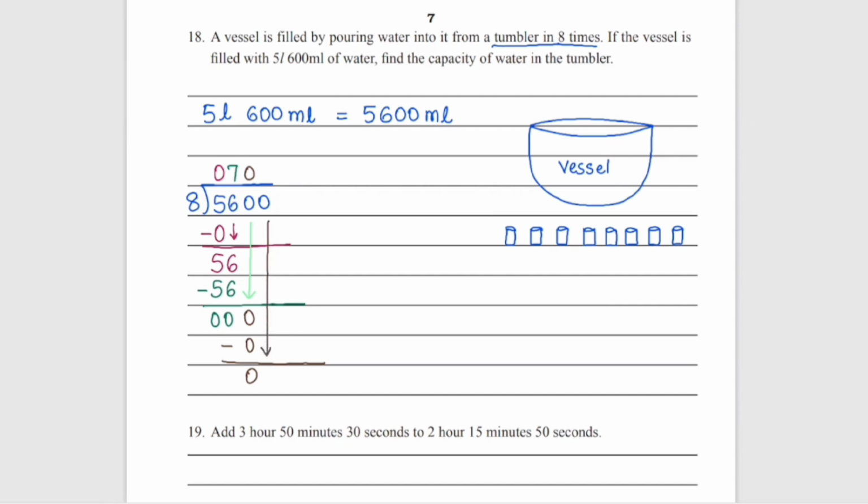Again 8 zeros are 0, 0 minus 0 is 0. So each tumbler has the capacity of 700 milliliters of water.